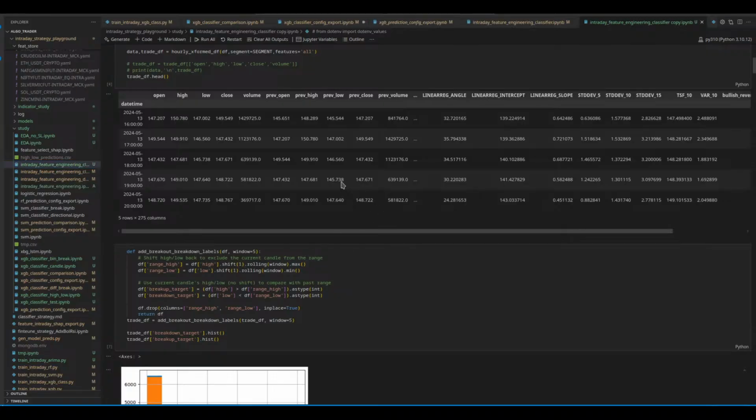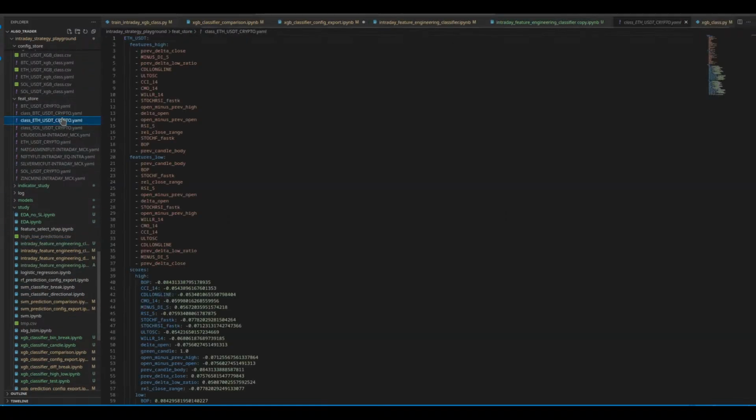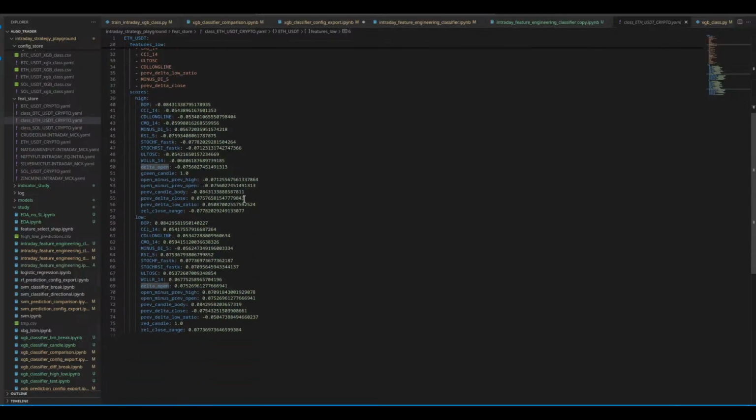What else do I have, right? After this, once I trained my model, I got the accuracy of the model somewhere over here.